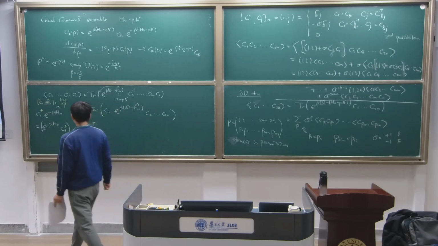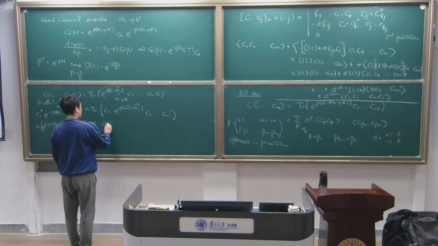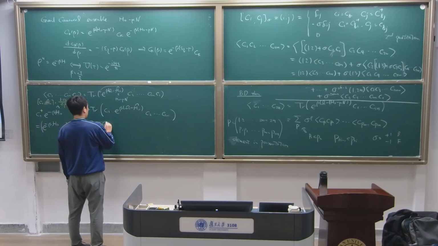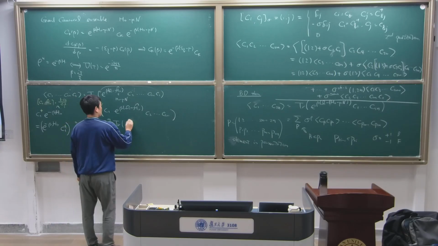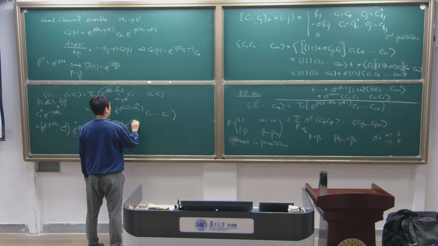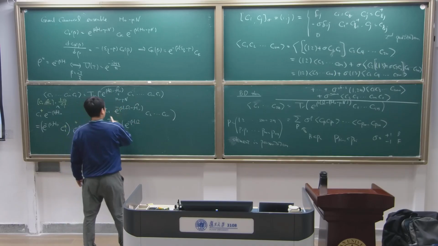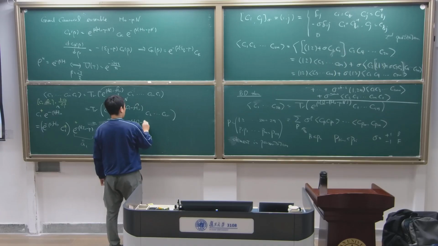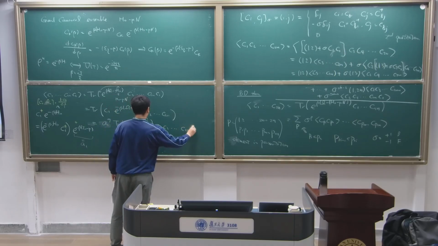So therefore, I call this quantity A1. And if you have A1, you have A1 of e to the minus beta omega with omega something h naught C1, C2.